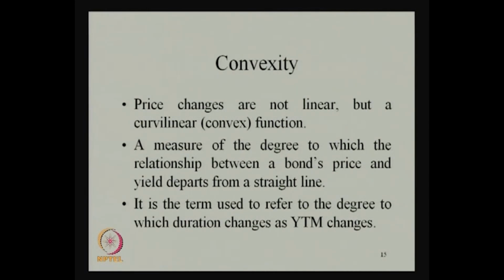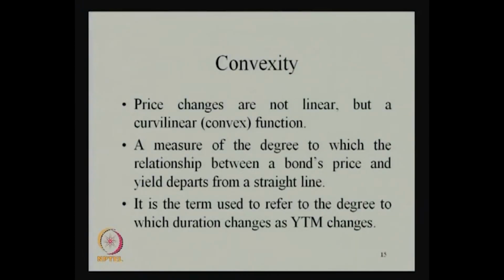It is the term used to refer to the degree to which the duration changes as the yield to maturity changes. If your yield to maturity or the interest rate changes, how the duration also changes accordingly explains the concept of convexity in bond price volatility.